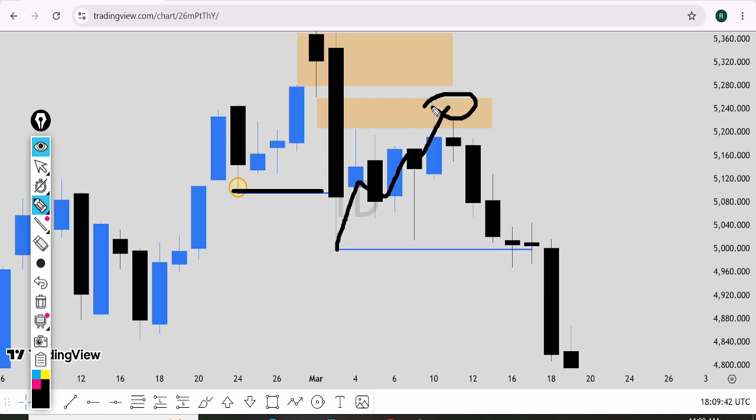while going to the PD array of the daily chart, price, I repeat, price should not shift its structure to the buy side again. Like this, we have a structure shift to the downside. If price shifts its structure to the buy side like this, in this case here price has not shifted its structure, but if it has shifted its structure, then we will be looking to buy.